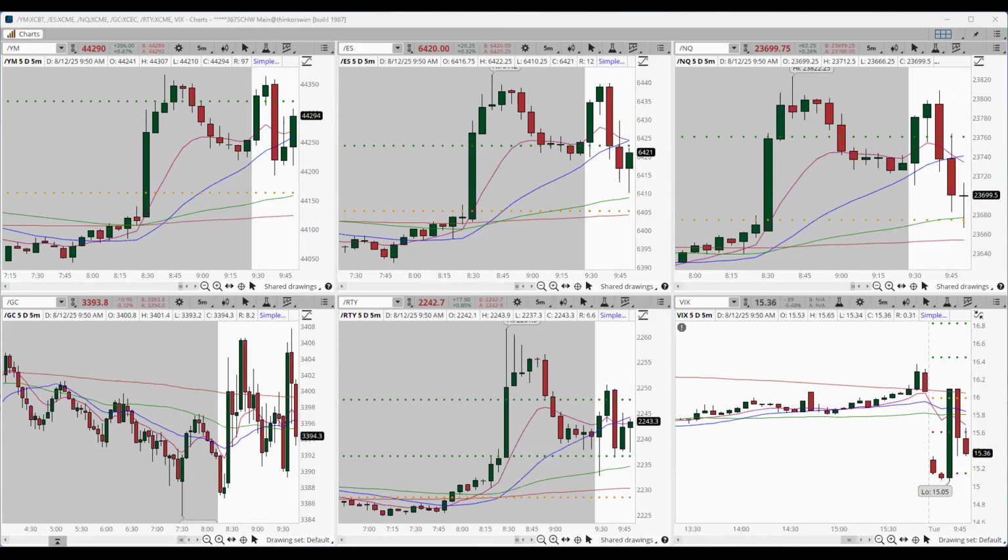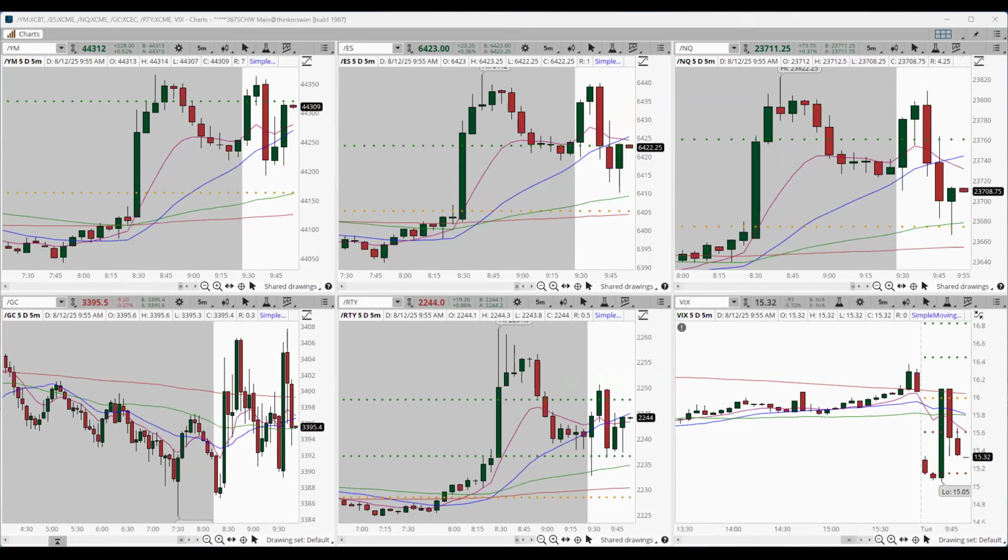Russell, gold is a chop fest. VIX are coming in a little bit. The 2-minute in NASDAQ has resistance at 720. So there's this resistance at 720 from this cluster low here. We have been sitting here for quite some time before the open. We got the volatility spike, and then this is going to be the line that's at 720 to 730 area.